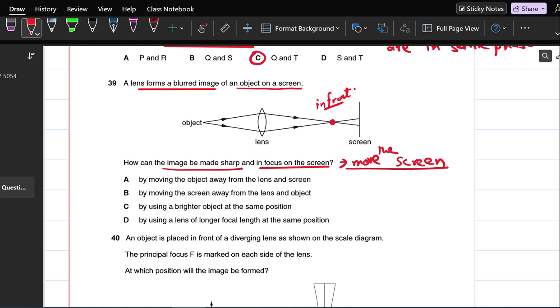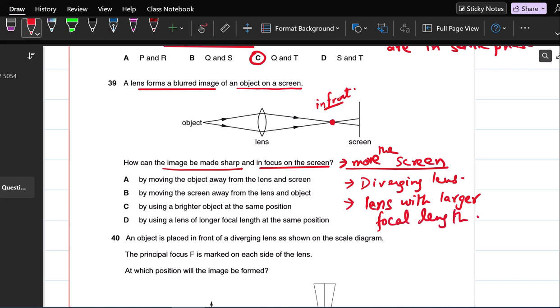Other way is that you use diverging lens for the correction. If it is a case of short-sighted or long-sighted, then we know that we do correction. So the other way is you can use a lens with larger principal focus or focal length.